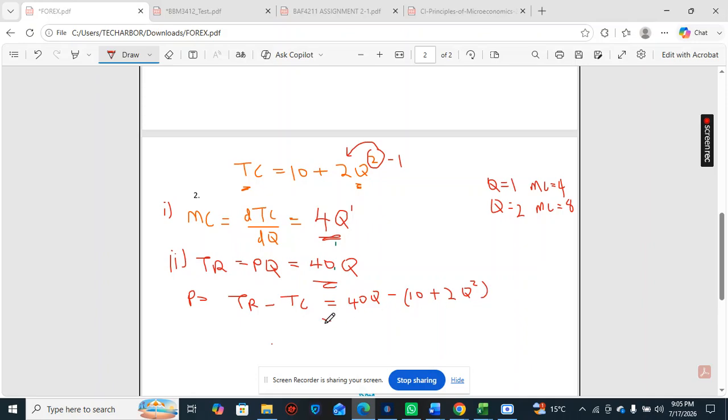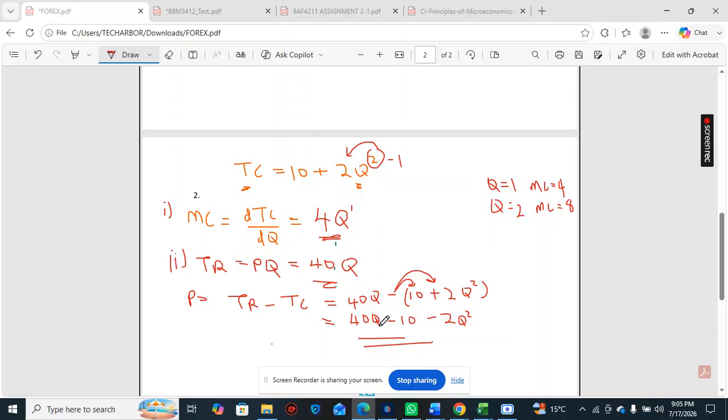All right, so our profit function is going to be 40Q. So you're going to say negative 1 times 10, that is negative 10. Negative 1 times 2Q squared, you get negative 2Q squared. Okay, this is the profit function.